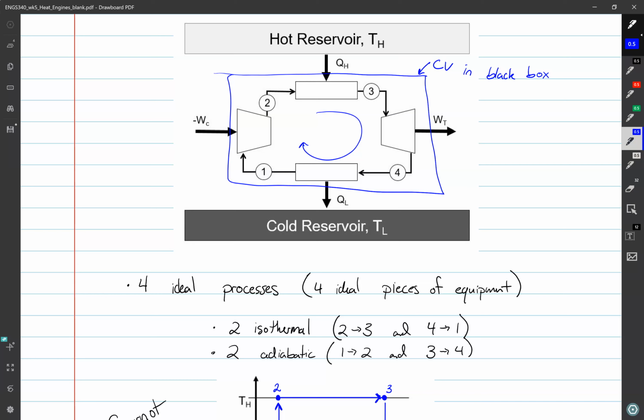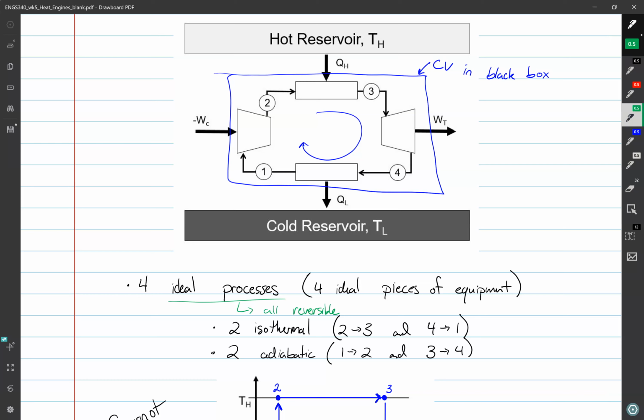So we have 2 isothermal, where the temperature is constant, 2 adiabatic, where Q is 0, and all 4 of these processes, because they're ideal, are all reversible.